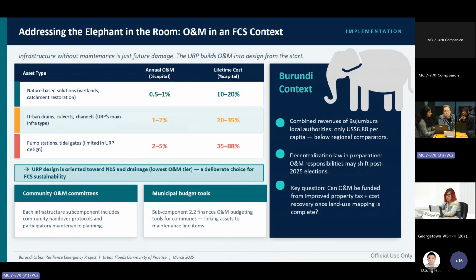So very quickly, we talked about what it takes to get infrastructure delivered. But there is a second issue that is just as important to mention, and that is whether infrastructure can actually be sustained over time.